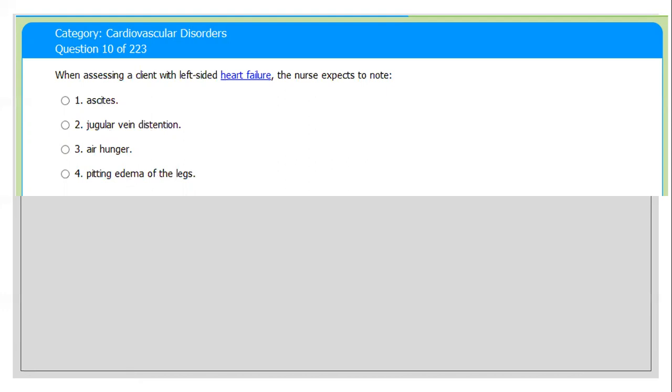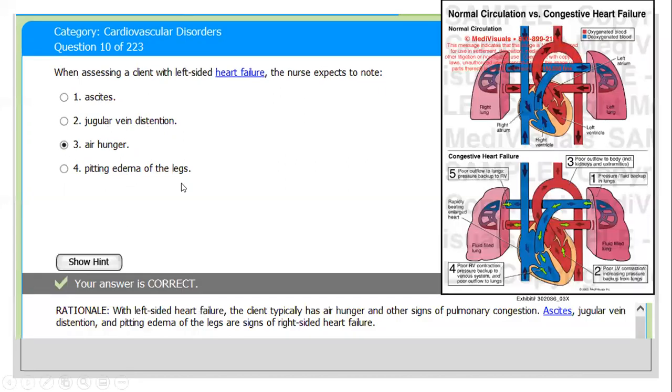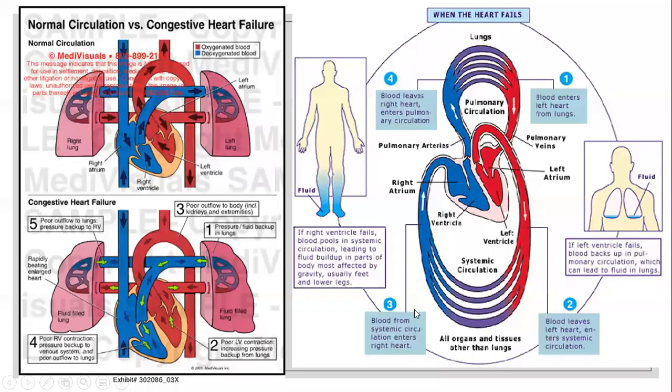But right side involves the liver. So the correct answer is air hunger. The rationale says with left side heart failure, the client typically has air hunger and other symptoms of pulmonary congestion. Ascites, jugular vein distension, or pitting edema of the leg are signs of right side heart failure.